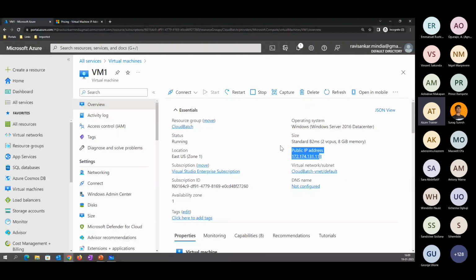You don't have any option to move an IP address from one location to another location. If you want any kind of connectivity, you may have to go for VNet peering or a different mechanism in Azure cloud that will ensure you are able to communicate between different data centers in different regions.